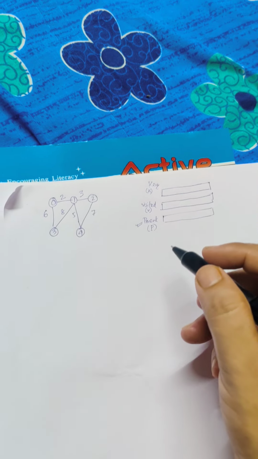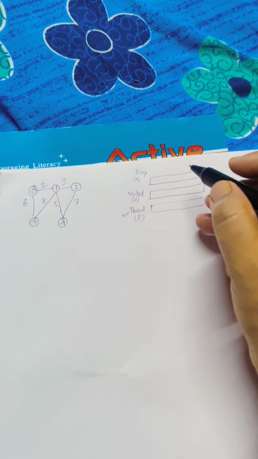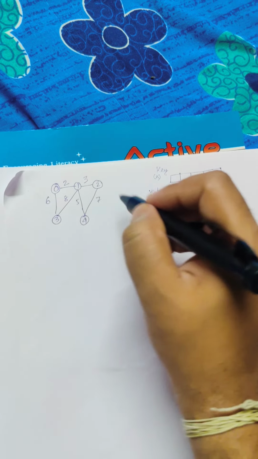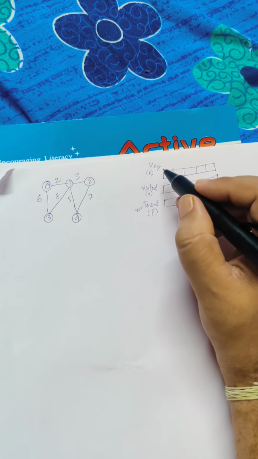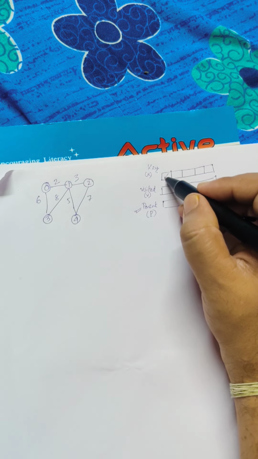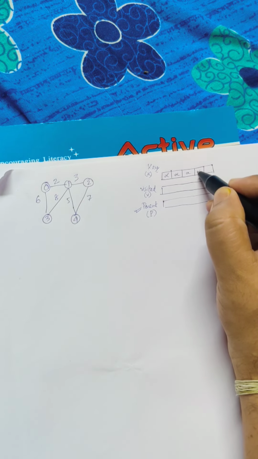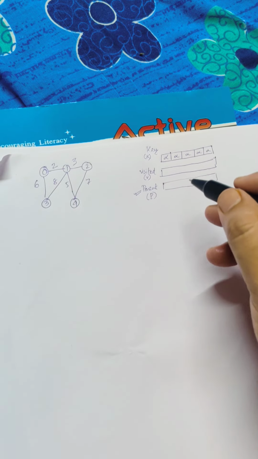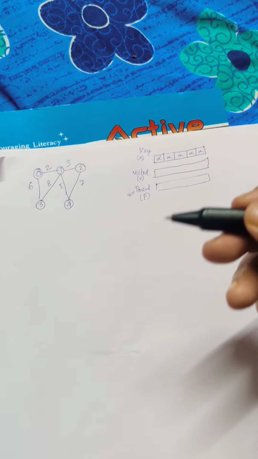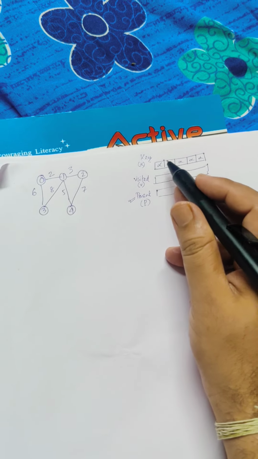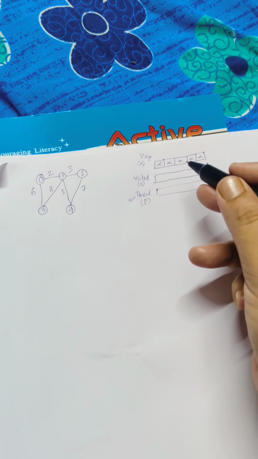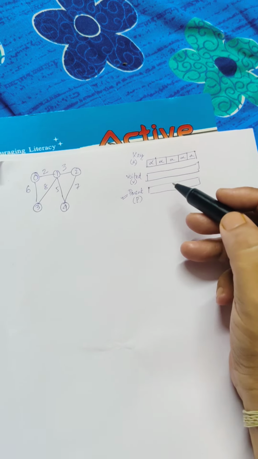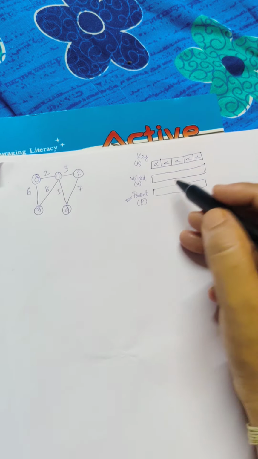So let's start with initialization. The key array initially will have 5 cells, as we have 5 nodes, and every value is set to infinity. Whenever I say I'm setting infinity, developers quickly understand that I'm trying to deal with the minimum value, and that's why I have set it to a highly big value.